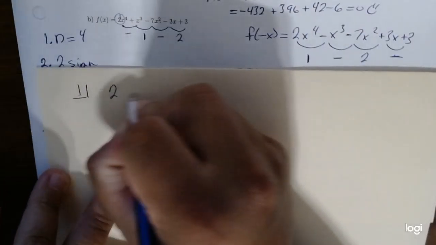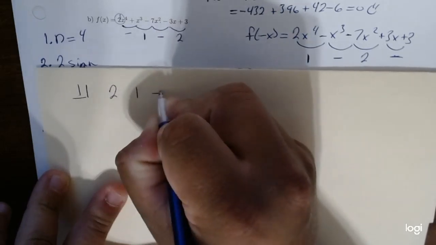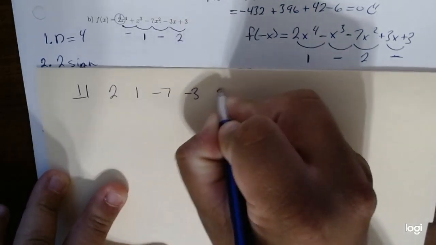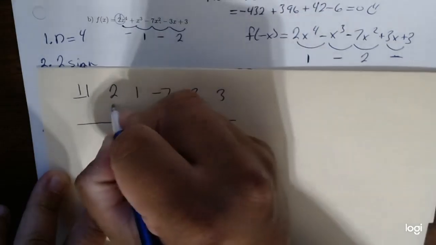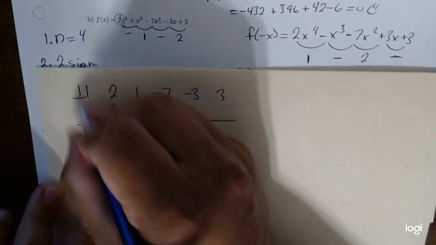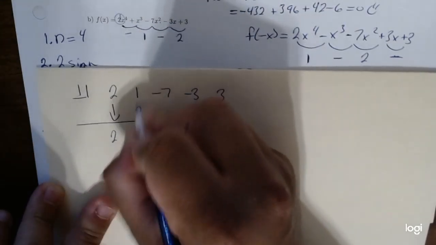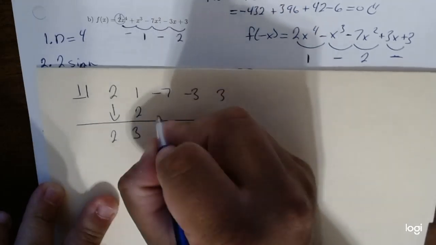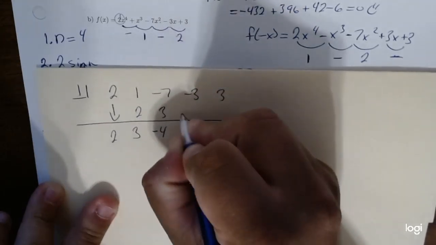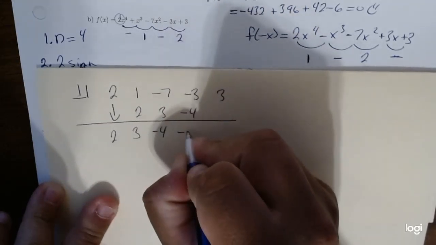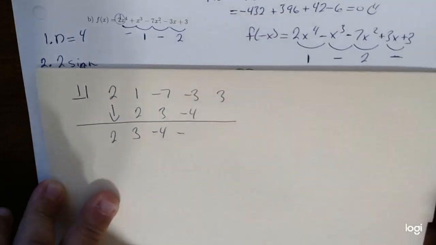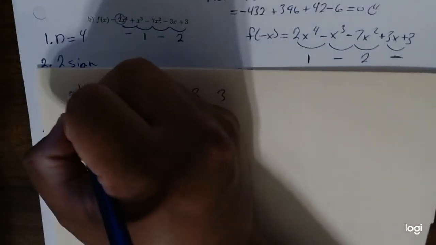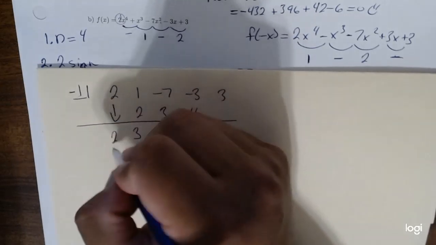So we have 2, 1, negative 7, negative 3, 3. Bring this down, that's a 2. That's negative 2, add, is 3. That's negative 3, negative 4, negative 4. Ooh, negative 1. Yeah, I keep messing up today.